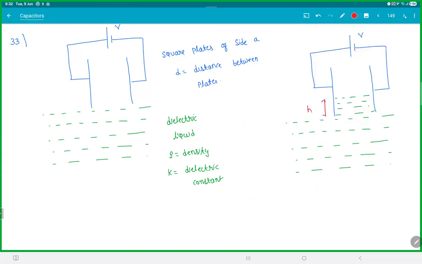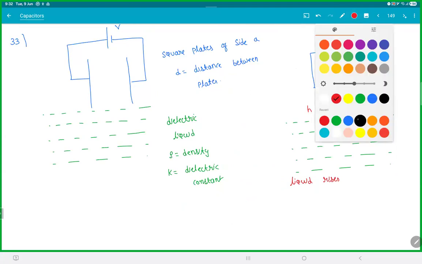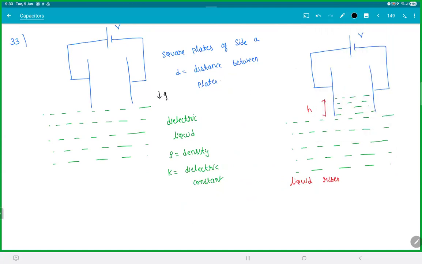Height h. Find h. Gravity is present. Find h in steady state.